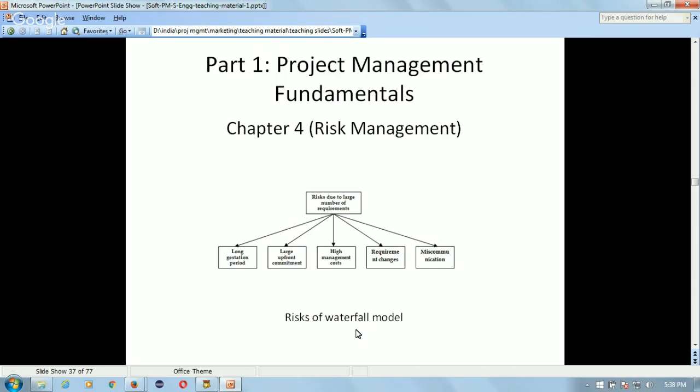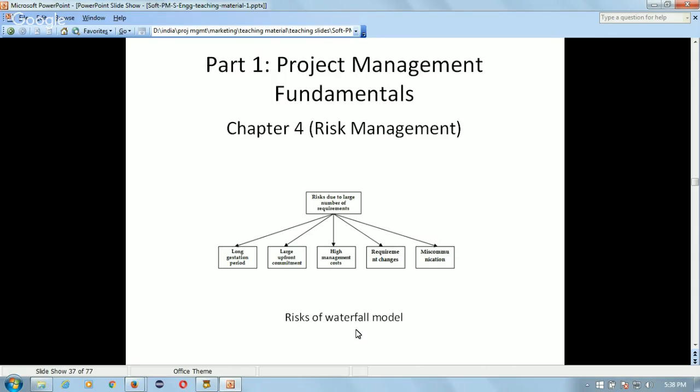Generally, the project manager may not be able to manage all the 50 people. The project manager may need some project leads, like there could be a project lead for software design, a project lead for software construction, a project lead for testing. So there will be more management people on the project. So the management cost goes up on waterfall projects.